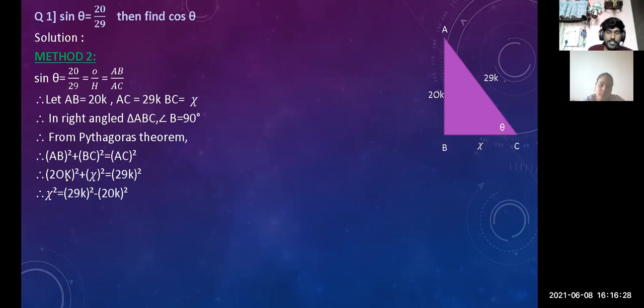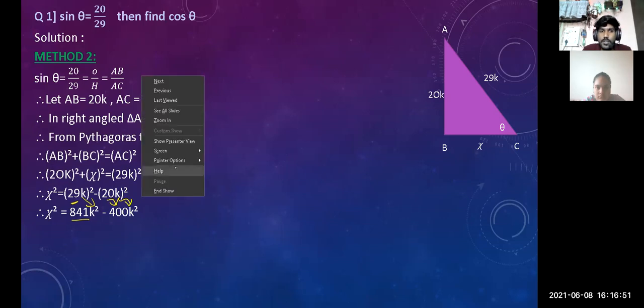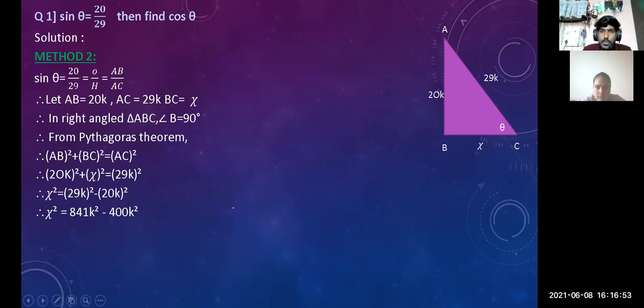In this step, I have just taken 20K square on the other side. So you'll be left with 29K the whole square minus 20K the whole square. Here this will become 841, that is square of 29, and then K square as it is, minus 20 square is 400, and this K square as it is. So we'll have 841 K square minus 400 K square. Do you understand this step? Yes or no?